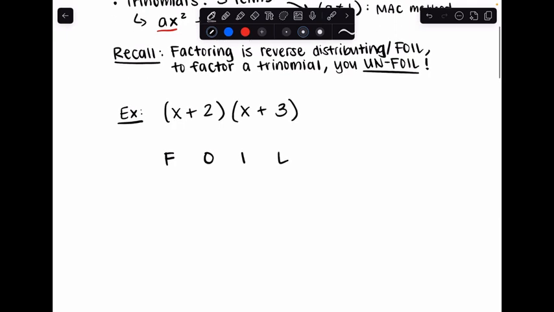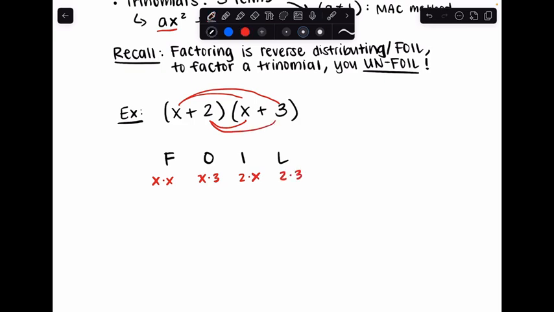The F stands for first, so x times x. The O stands for outer, so x times 3. I is inside or inner, which is 2 times x. And L means last, so 2 times 3.